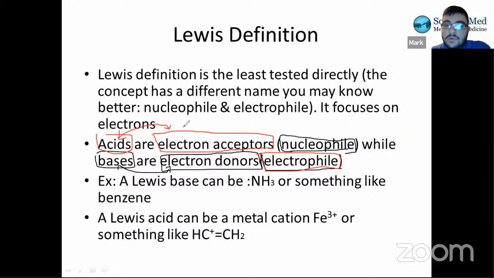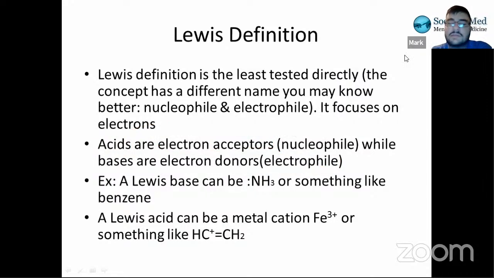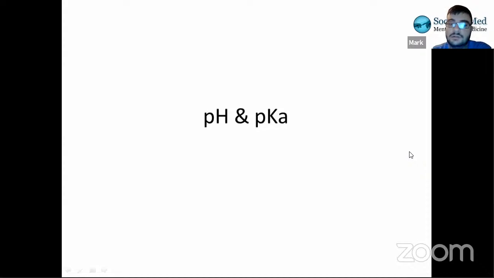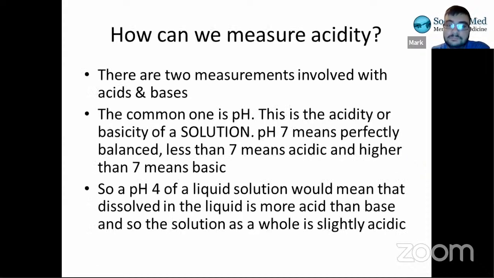But it will be correct in the slides. I'll make sure. Like I mentioned, Lewis acid is the least tested one, so don't worry too much about it. But just in case, I'll let you know so it's a more complete lecture.